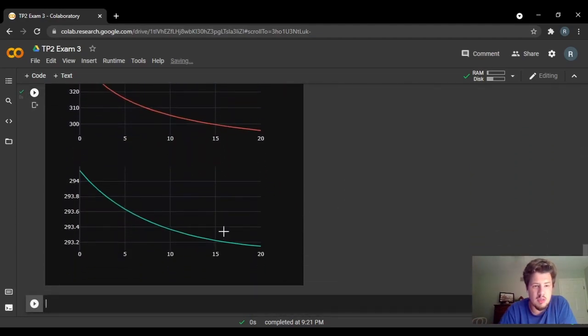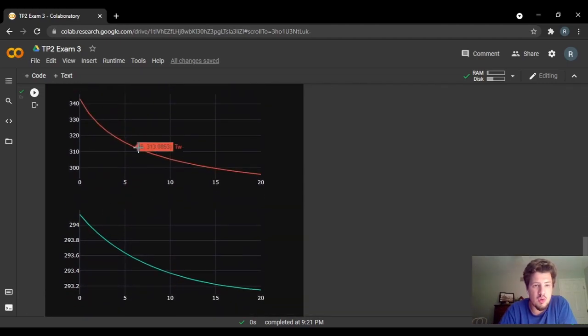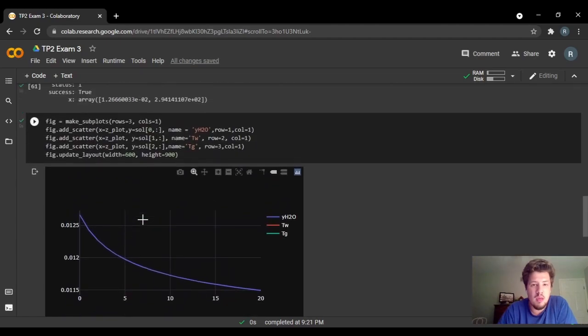Here, as expected, the temperature does decrease for the water. Oh, sorry, let me rephrase that. So as it goes up the column, this is what we expected, the temperature of the water to cool down because it is evaporating. And then for this, exactly what we expected. As the gas is rising up, it is also getting cooler as it rises up.